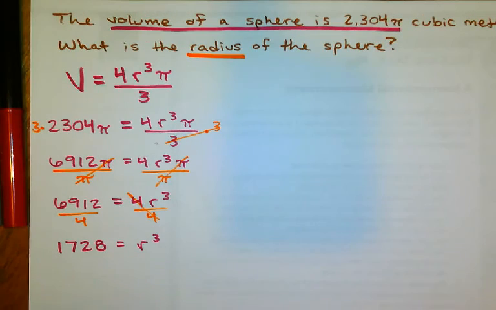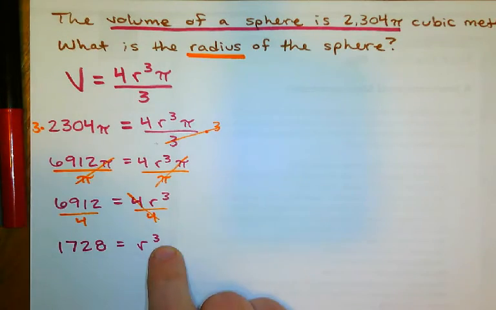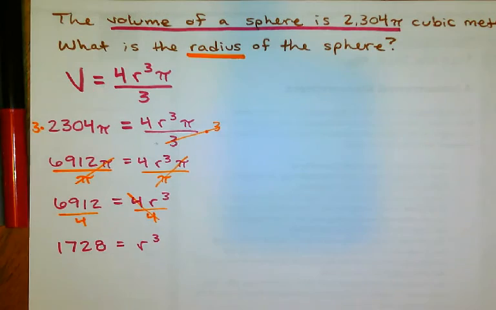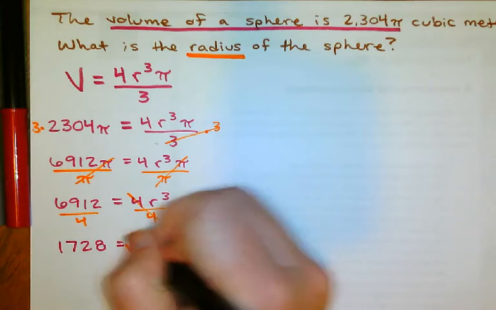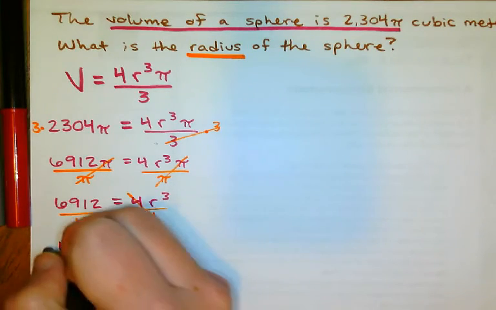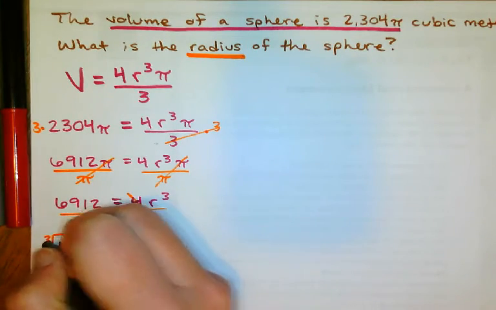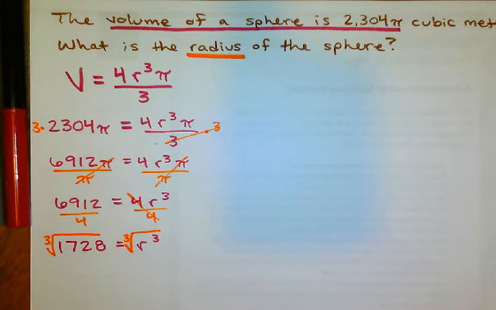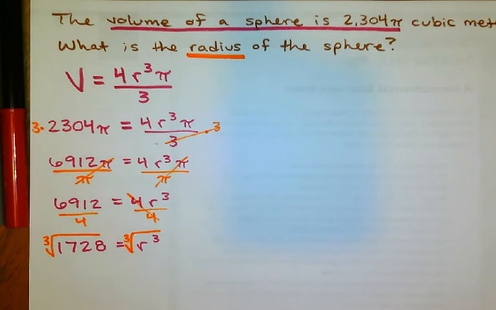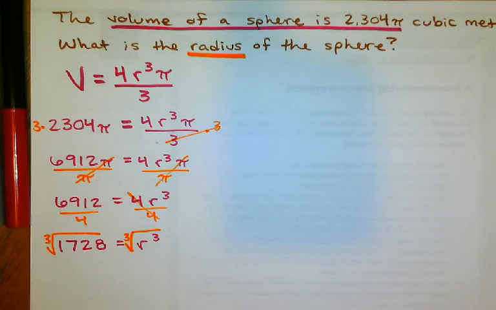We would square root it, right? Well, since this is r cubed, that means we need to take the cubed root in order to get rid of that cube. Alright? And what that cubed root means is it's the same number multiplied by itself 3 times to equal 1,728.